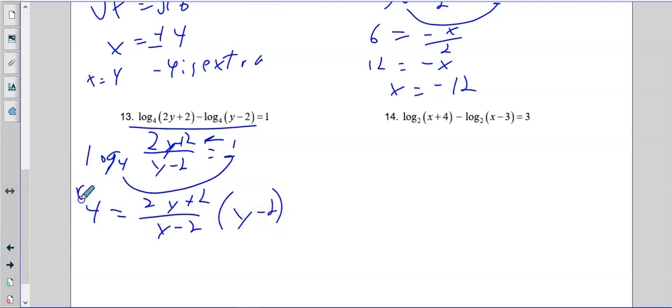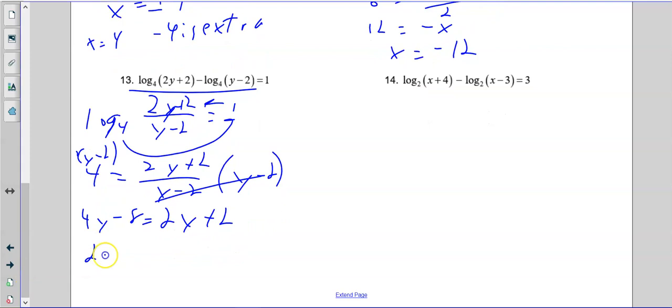Multiply both sides by y minus 2. That gives me 4y minus 8 equals 2y plus 2. I'm going to subtract 2y and get 2y. I'm going to add 8 and get 10, not 8. Divide by 2, y is 5.